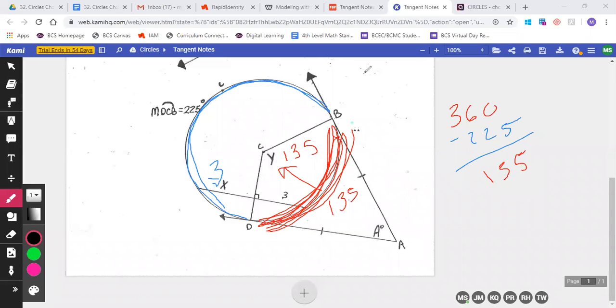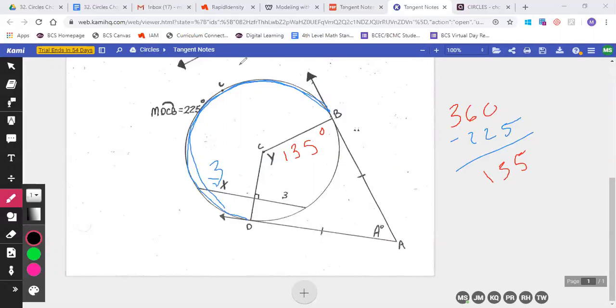Okay. Let me erase that because it's getting just a little sloppy there. So that tells us that that is going to be 135 degrees. And that tells us, so we've got X equals 3, and we've got Y equals 135 degrees. And now what we need to do is come in here and find A. Well, it doesn't tell us that AB and AD are tangents.